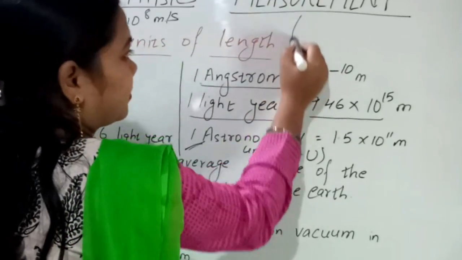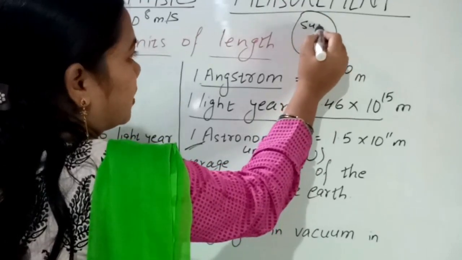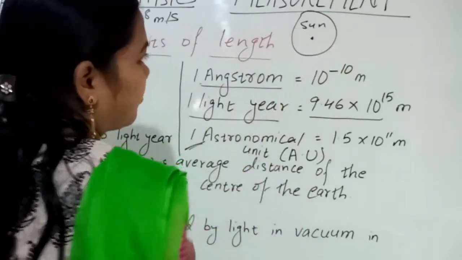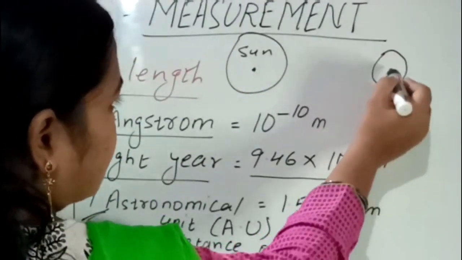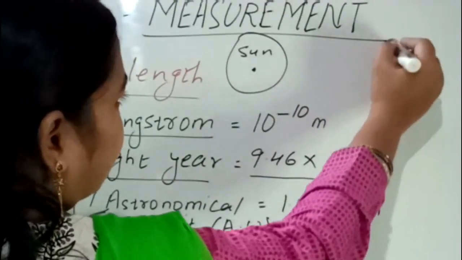Suppose this is the sun. This is the center of the sun and this is the earth, suppose. This is the center of the earth.